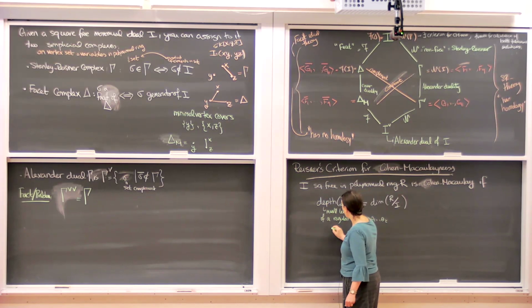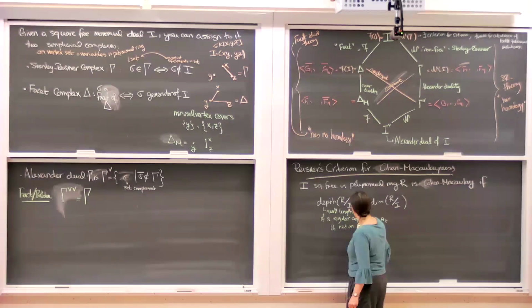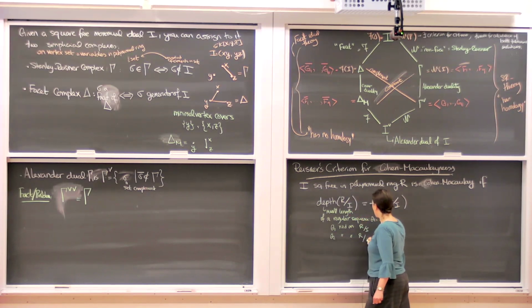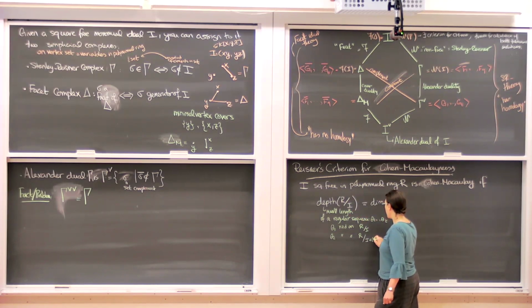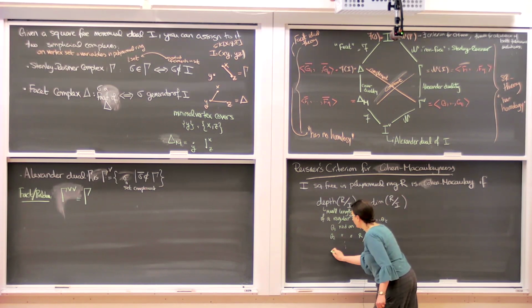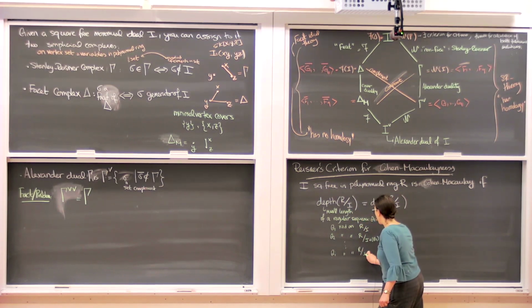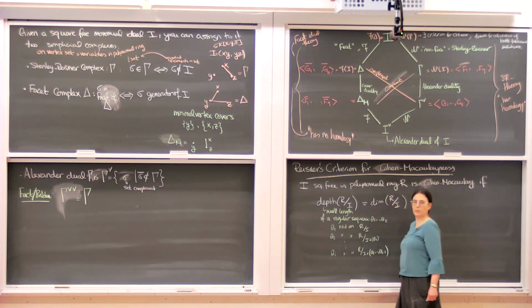It means that theta 1 is a non-zero divisor on R mod I, theta 2 is a non-zero divisor on R mod I plus theta 1, all the way, every theta i is a non-zero divisor on R mod I plus theta 1 to theta i minus 1. That's what it means.